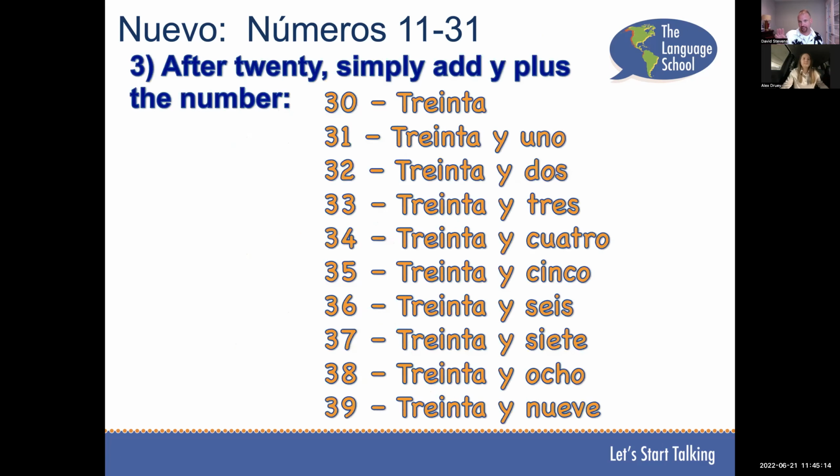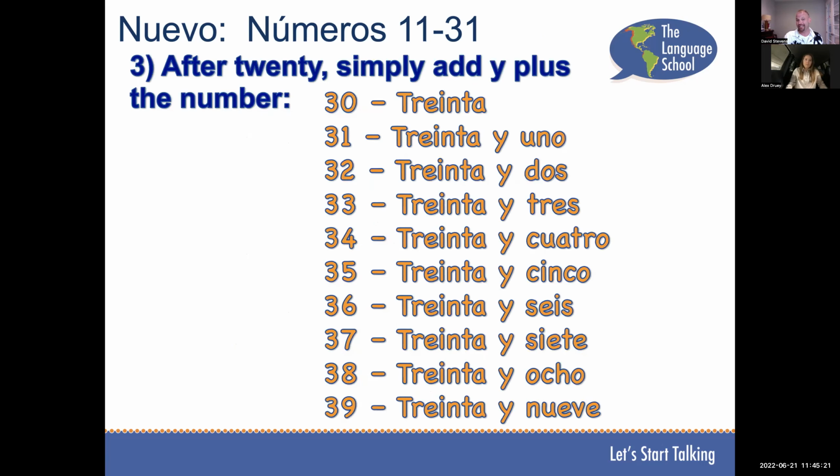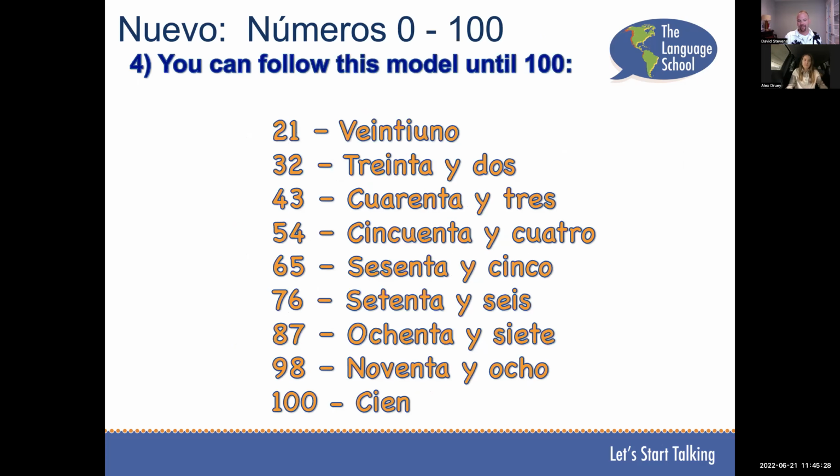After that, we split it into three words. So 30. Notice that 20 ends with an E. The rest of them are going to end with an A. 30, and then we add y uno, 32, y tres, y cuatro, etc. And that pattern follows all the way up to 100, okay? Okay. So study these for next week, okay?